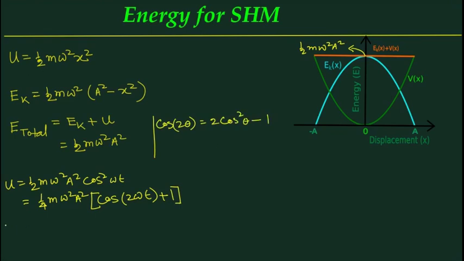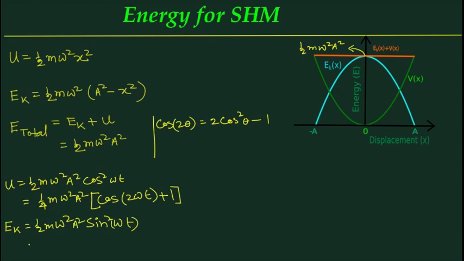Similarly, if we write kinetic energy in terms of time, Ek will be half m omega square a square into 1 minus cosine square omega t. Similarly, the kinetic energy can be expressed as Ek equal to half m omega square a square sine square omega t.